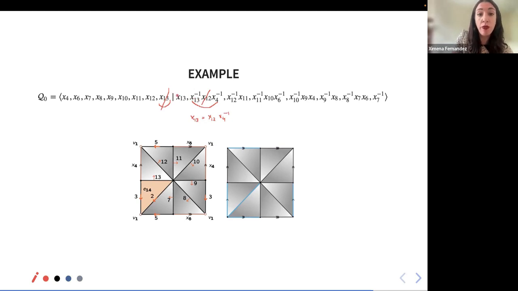You remove a pair of generator and relator associated to the 1-cell and 2-cell that you remove, and you also modify the rest of the relators in terms of the relator that you have already removed. Because you don't have this generator anymore, every time it appears in the rest of the relators, you have to replace it.